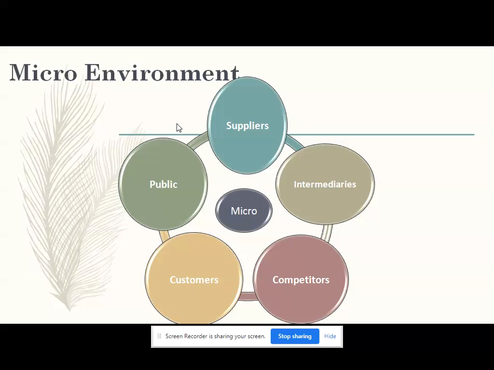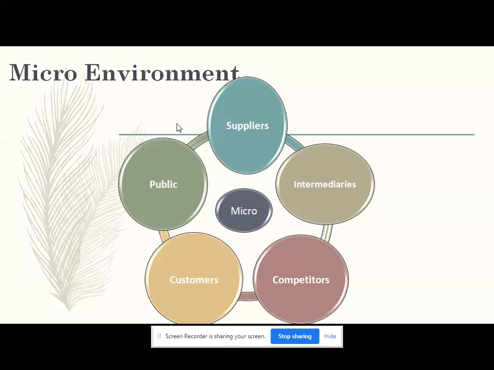Now we will see the next part that acts as a micro environmental force, that is micro environment component number 4, which is important. The terminology is customers. So what is the concept of customer, we will see. According to Peter Drucker, there is only one valid definition of the business purpose, that is to create a customer. So why are businesses there, or what is the existence of business?